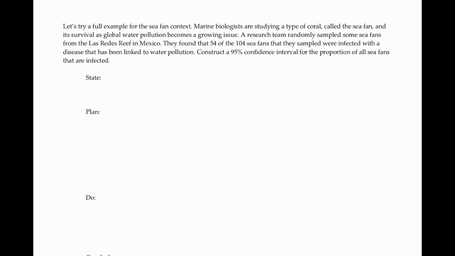So state. Usually this is where we put our hypotheses, sort of like, what are we testing out? What are we doing, basically? Well, in this case, there aren't any hypotheses. So instead, we're going to write a sentence about what we're doing. What we want to do here is estimate the true proportion of C fans that are infected.